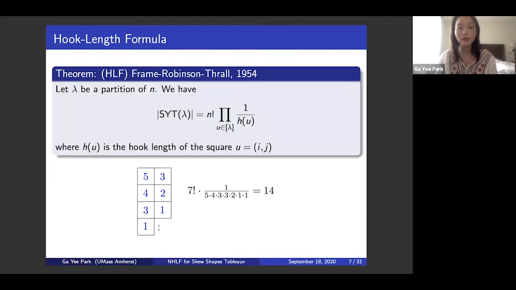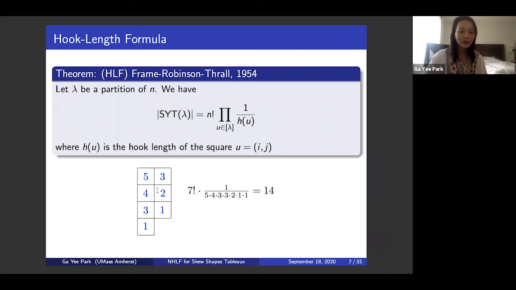So counting this number is important. And in 1954, Frame, Robinson and Thrall came up with a famous hook length formula. We can count the number of standard Young tableaux by taking a product over the hook length of each cell. So for example, for our case 2, 2, 2, 1, the blue entries are not the standard Young tableau, they are the hook lengths.